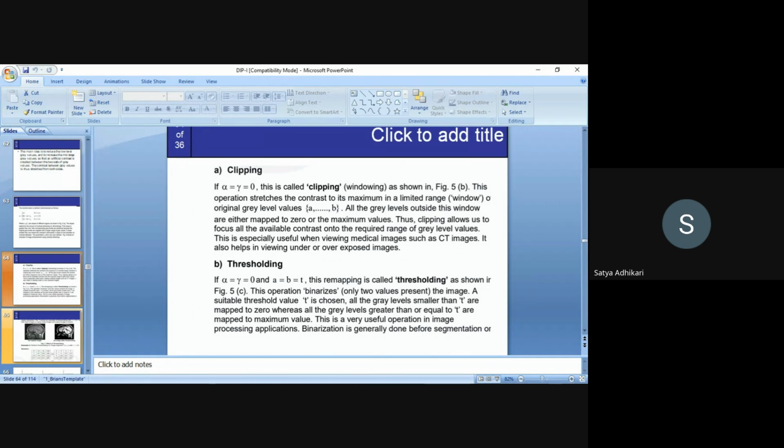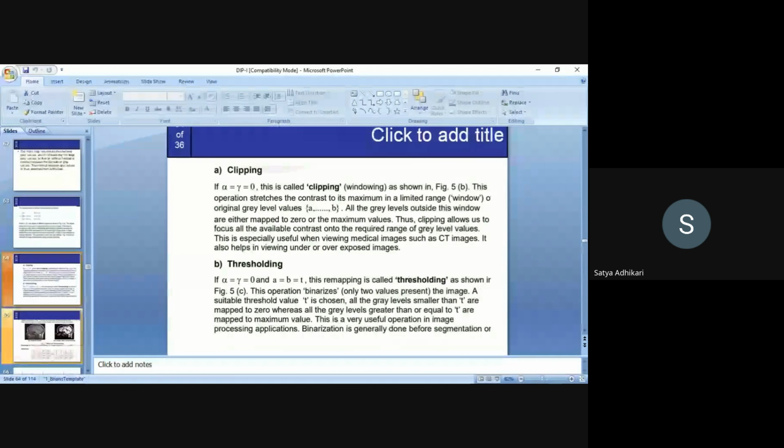It is either black or white. There are no other values. Clipping allows us to focus all the available contrast onto the required range of gray level values. This is especially useful when viewing medical images such as CT scan images. So a CT scan image is an example of clipping values, which are either 0, black, or white color.